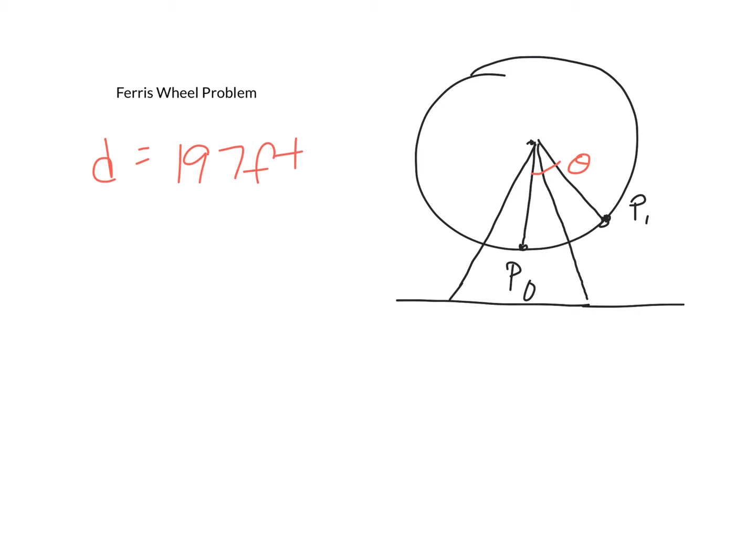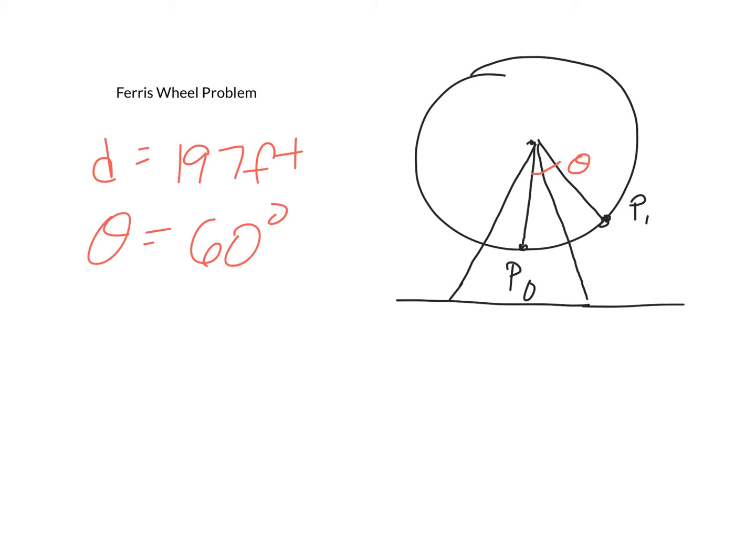So I'd start with theta equal to 60 degrees, and we want to find the distance traveled from position P sub 0 to P sub 1. That's going to be arc length, because we're trying to find how far the passenger went from here to here.